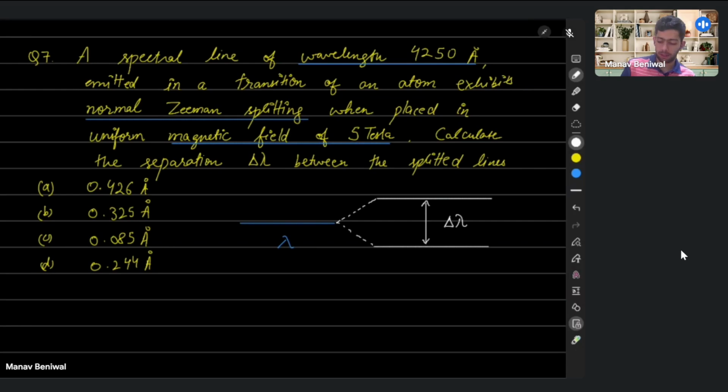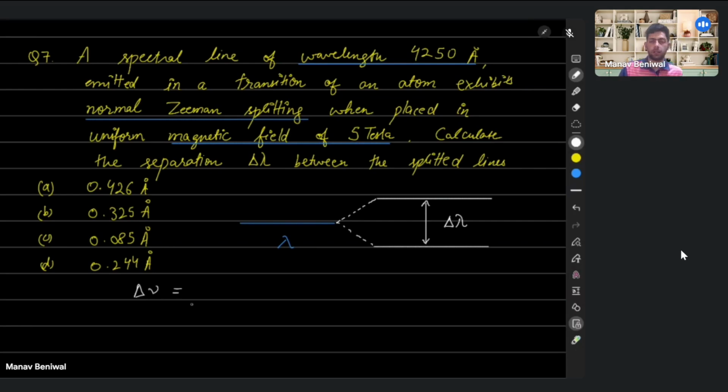Just as we discussed in the first problem. And now if you remember the formula from the first problem, we have delta lambda as, okay, let's derive this formula.